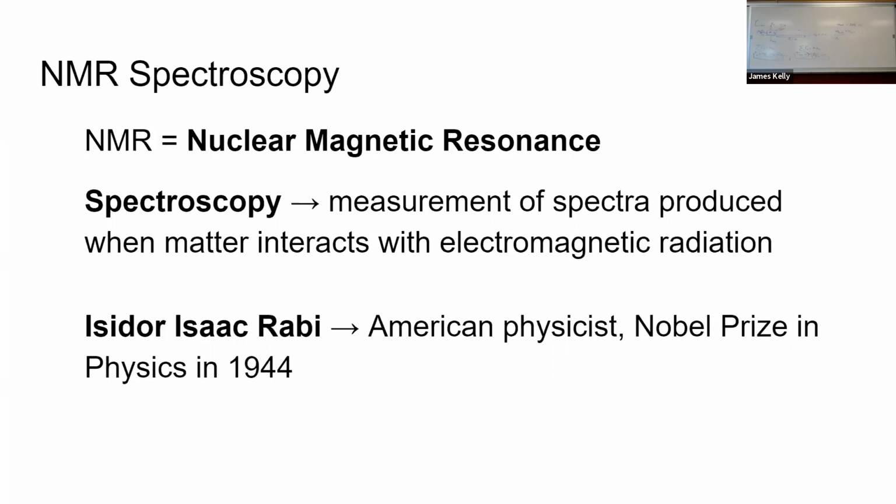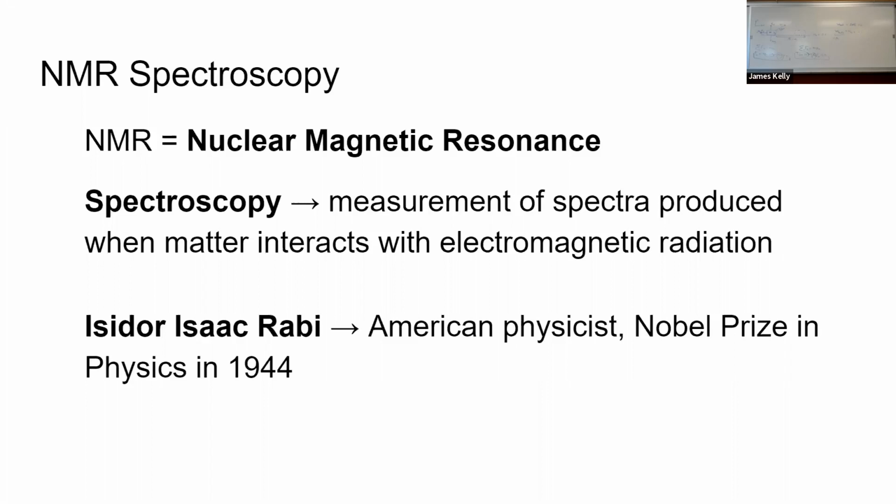So NMR stands for nuclear magnetic resonance, which is a physical phenomenon of resonance transition between magnetic energy levels that occurs when atomic nuclei are surrounded by an external magnetic field and subjected to electromagnetic radiation of a specific frequency.